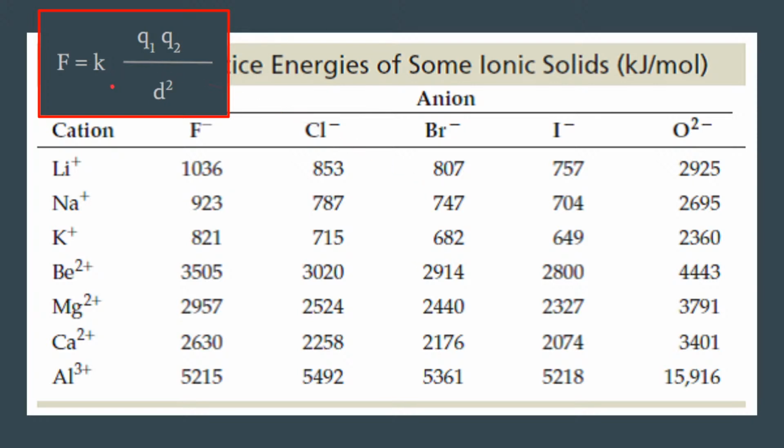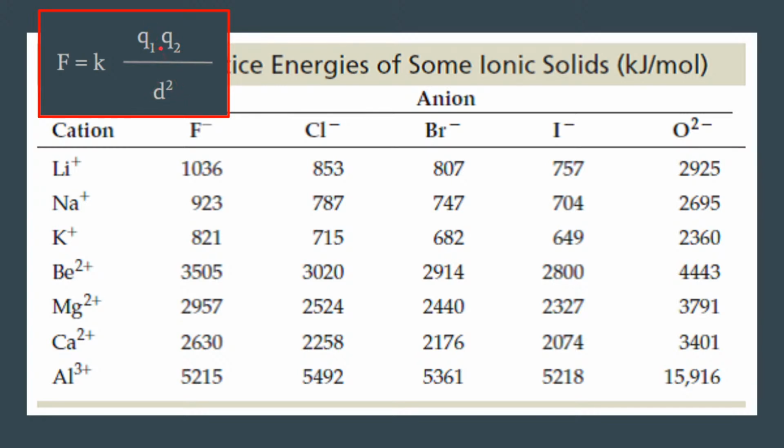So this is the Coulomb equation. It is the force between charged particles. It is based on the charge of the one charged particle multiplied by the charge of the other particle divided by the square of the distance between them.